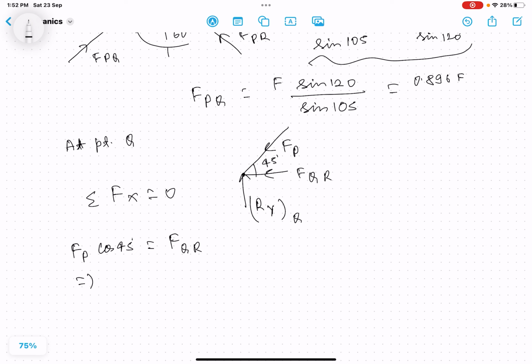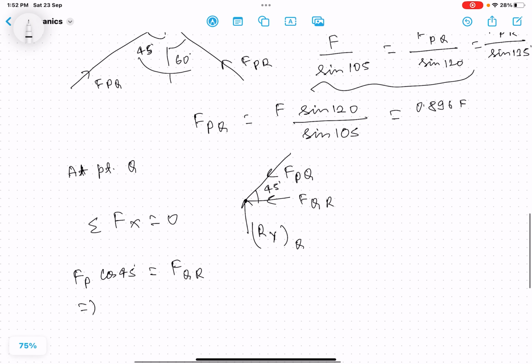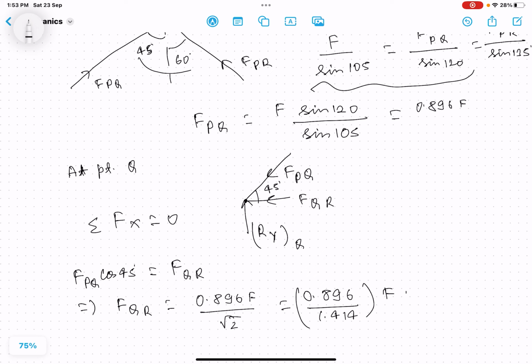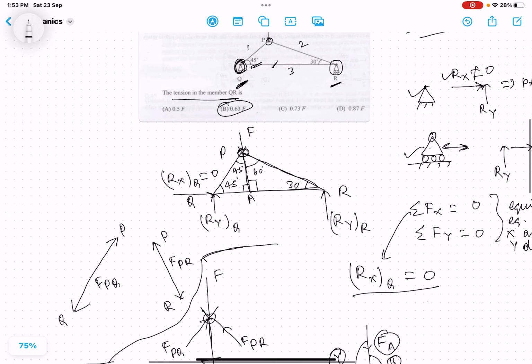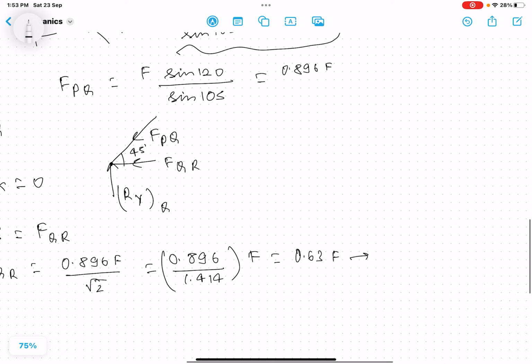That is, F of QR equals 0.896 F divided by root 2. That equals 0.896 by 1.414 times F. So what we will get here is 0.63 F, and this is our answer. So our answer will be B. Thank you.